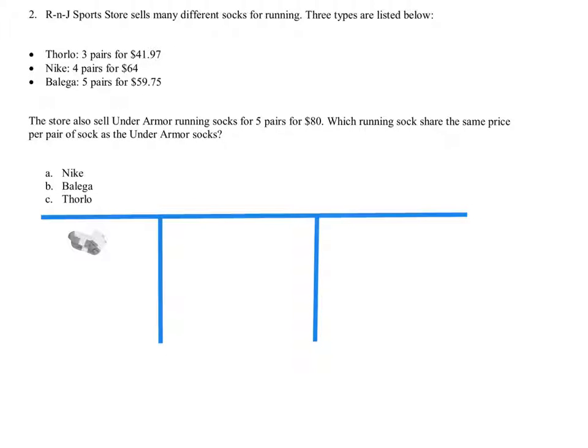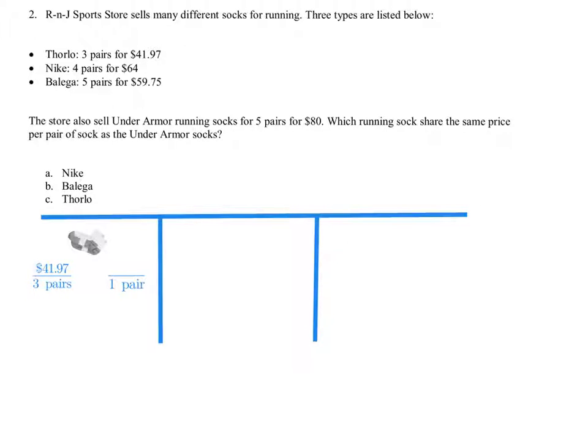So we're going to calculate the unit rate for the Thorlo socks. So let's first start by writing the actual rate that we're given in the problem. And notice that I always put the dollar amount on top because we want to find the amount per 1 pair. So let's set up the unit rate on the right hand side.